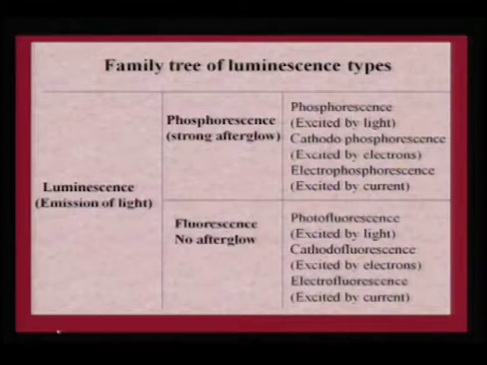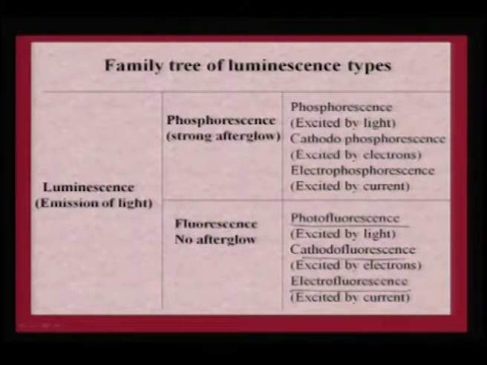In both categories we also have subsets of this process manifested. One is photophosphorescence, which is excited by light, cathodophosphorescence when it is excited by electrons, and electrophosphorescence when it is excited by current. Same is true for fluorescence. You have electrofluorescence, cathodofluorescence, and photofluorescence.